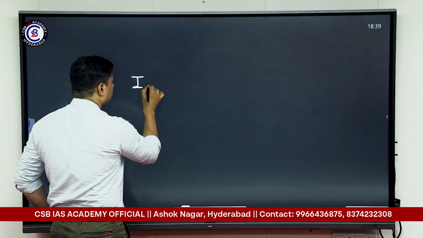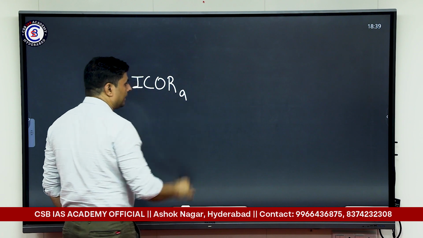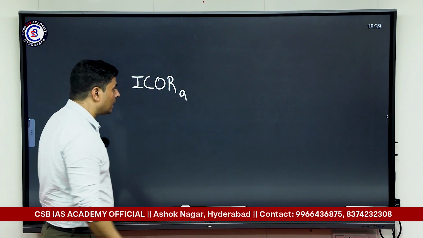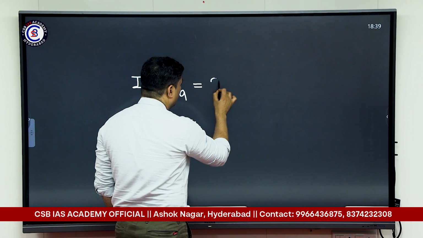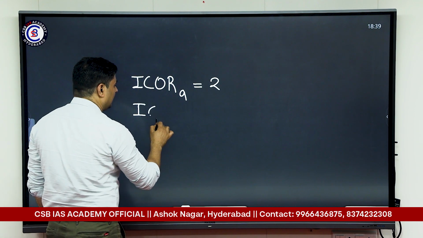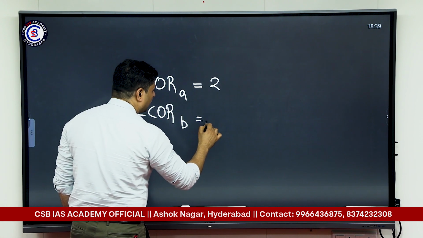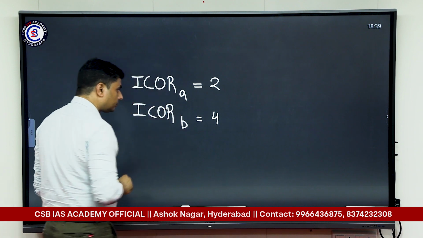Suppose the ICOR value of country A is 2, whereas the ICOR value of country B is 4.